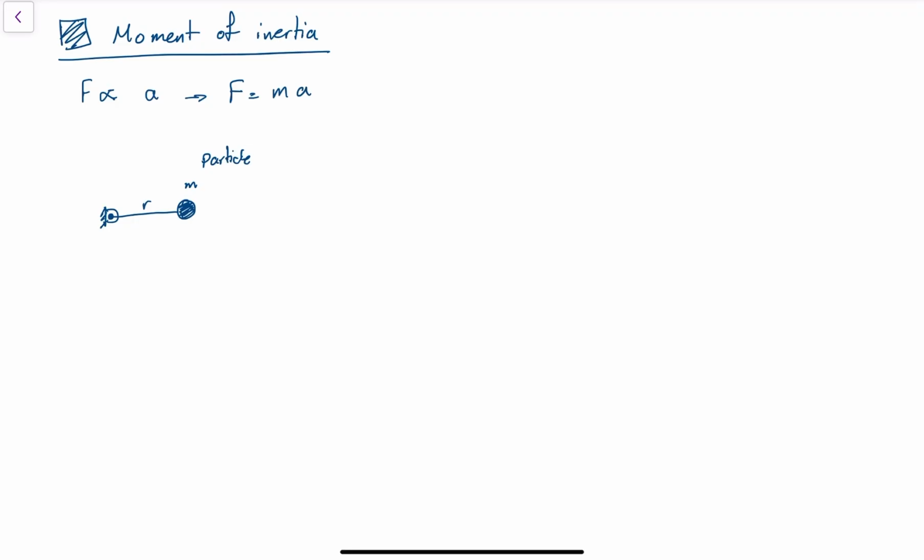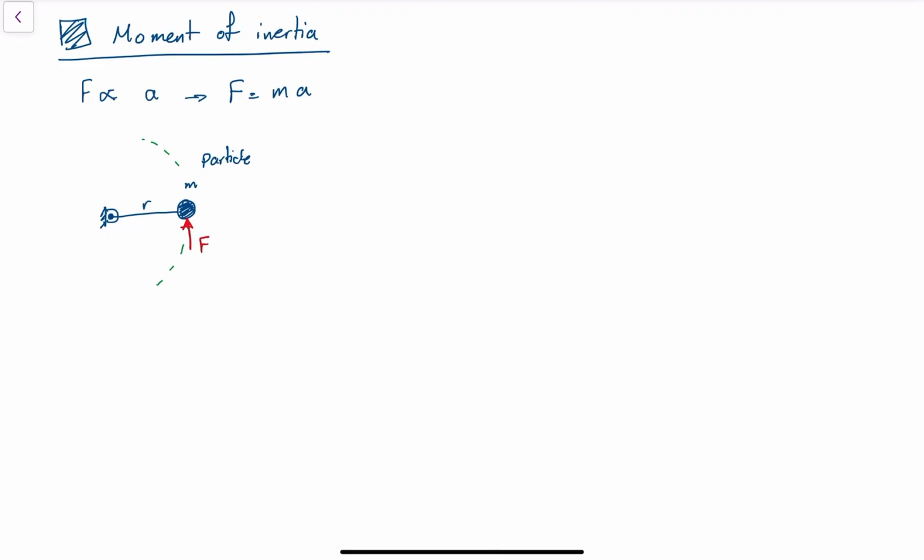So in this case, my mass is going around a circle. And I have a force F acting on it, always tangent to this path or perpendicular to the massless link.